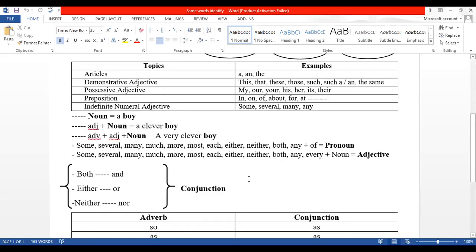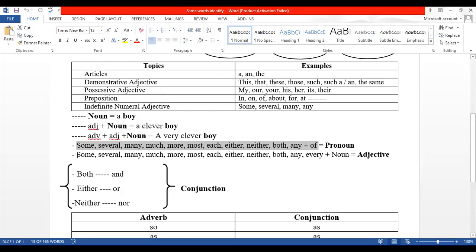And another technique: after these words, if you get of, then all these words are pronouns. Also, if you get these words as subject or object, then these words are also pronouns.